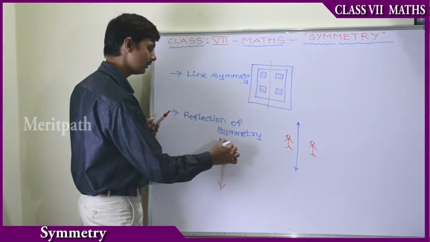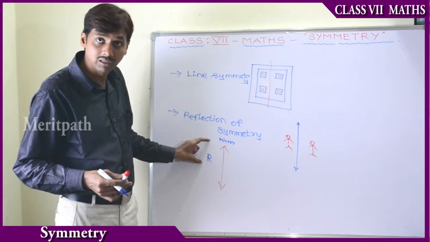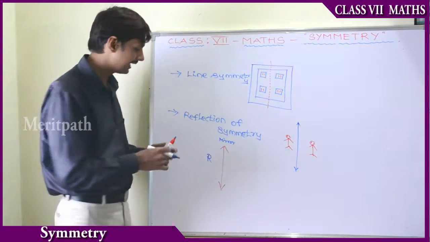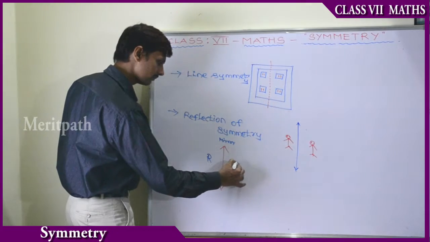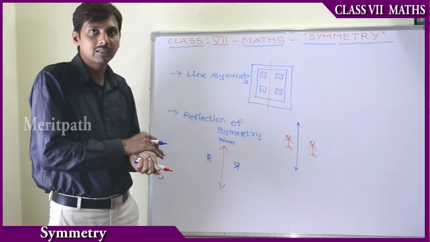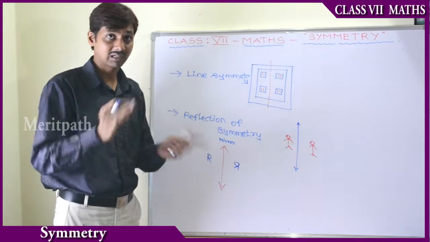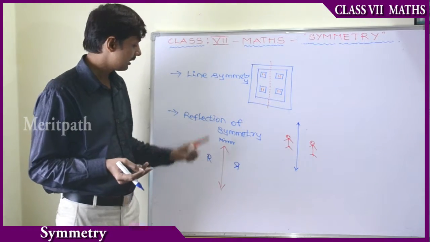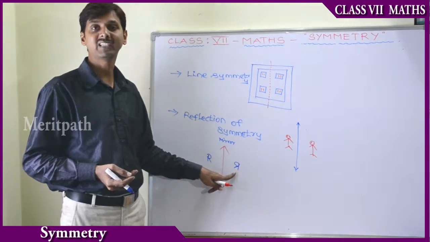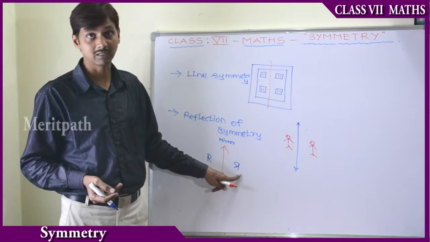If we write R and take R in front of the mirror, this is the actual image, and when we see this object in the mirror, it looks just opposite. It is reversed. This is the actual object and this is the reflection of the object in the mirror.